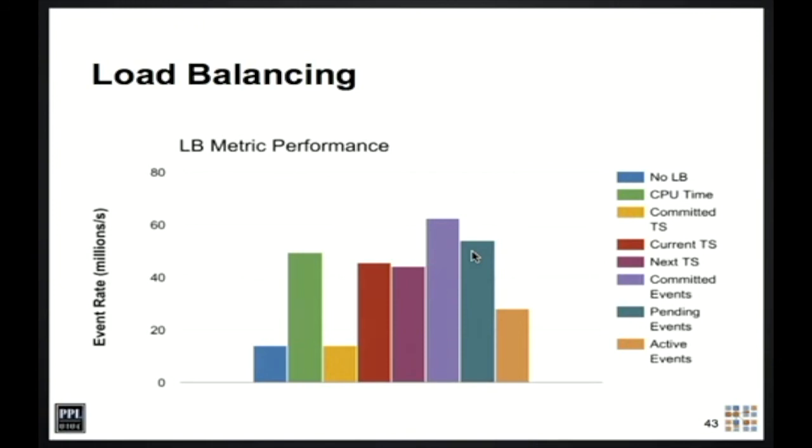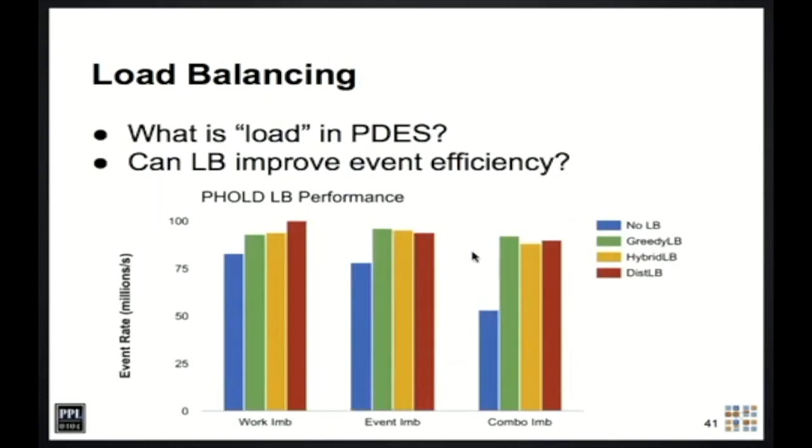I went over the different metrics for measuring load, but here we saw three different load balancing strategies, for example. There's a number of strategies, and some of those try to minimize the number of migrations you're doing, and some of them don't. So if it's a particular problem where relocating an object is going to cause a lot of overhead, in that case you would want to use a strategy that migrates fewer objects.